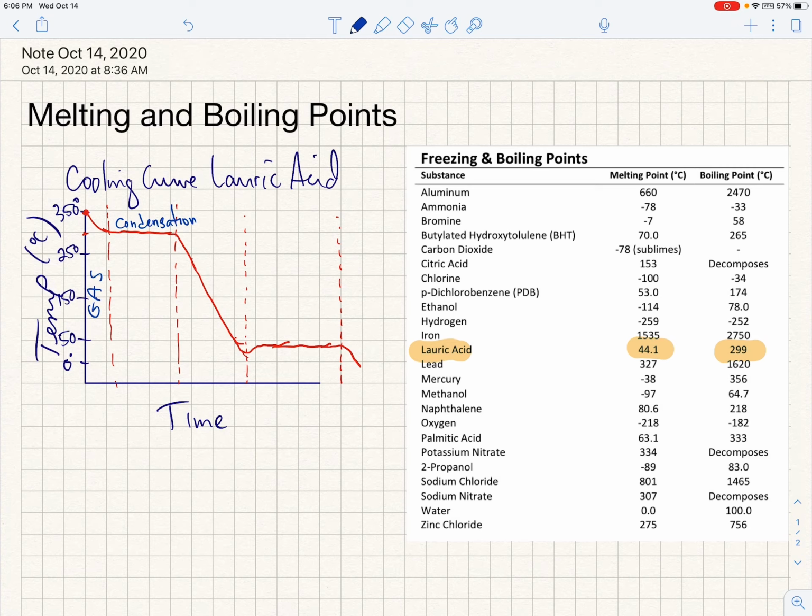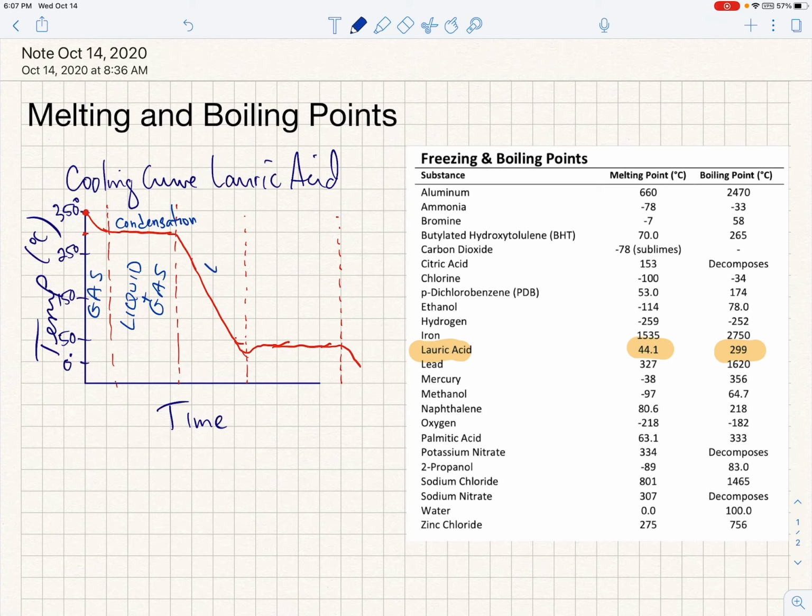So in that section of the curve, during that time interval, you have both liquid and gas. The vapor, the gas, is turning to a liquid, condensation. And that's happening at the same temperature as the boiling point, 299 degrees Celsius. At the end of that plateau, the gas is now completely condensed to a liquid.